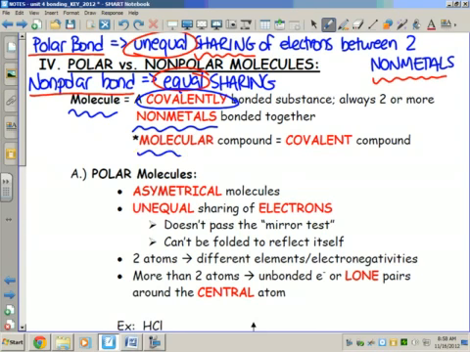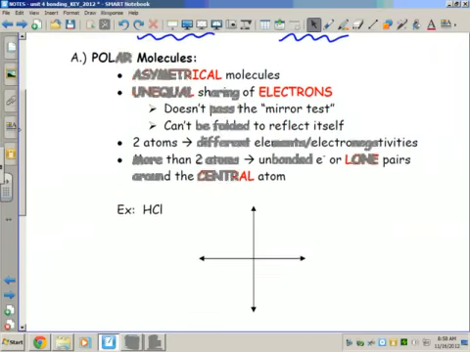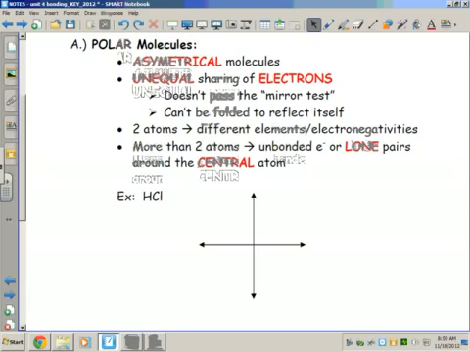The terms molecular and covalent are synonyms. They'll be used interchangeably throughout the year and on the Regents exam. So make sure we remember that throughout this entire discussion on polarity, we are only talking about covalent molecules, molecular compounds. So we'll start with polar molecules.